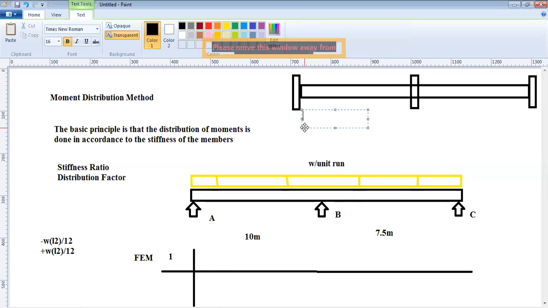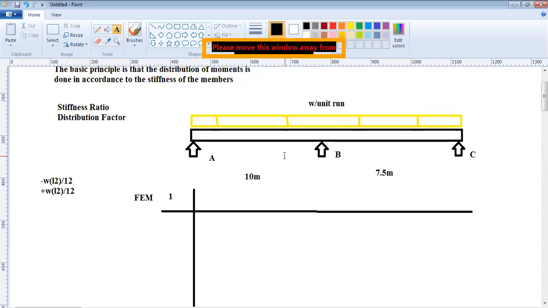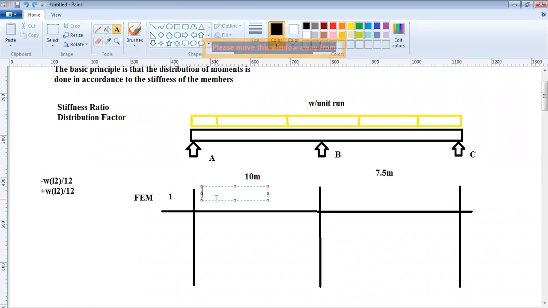This is A fixed, B is fixed, and C is fixed here. Now, what will be the end result when you have all three fixed? Now, what will be this value here at this location? It will be minus WL square by 12.